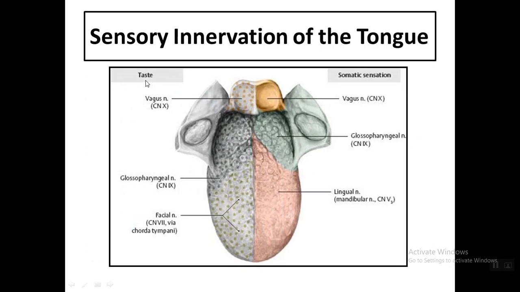وقاعد نشوف هذا المخطط انه قاعد يحدد لي انه هذا sensory innervation of the tongue. اكو عندي جزء يعني التيست واكو عندي somatic sensation.